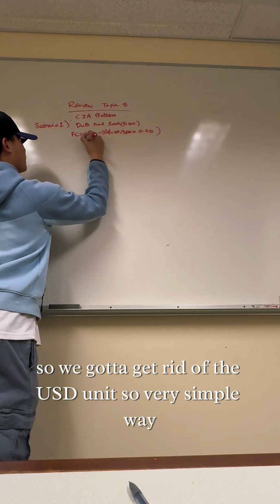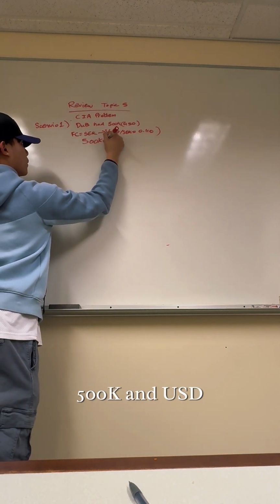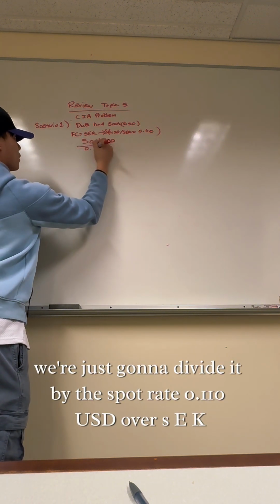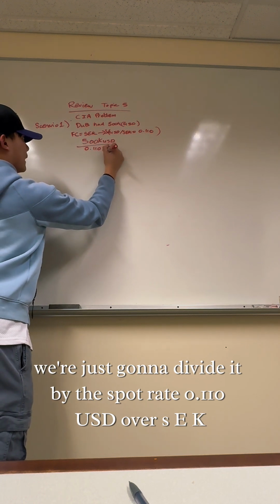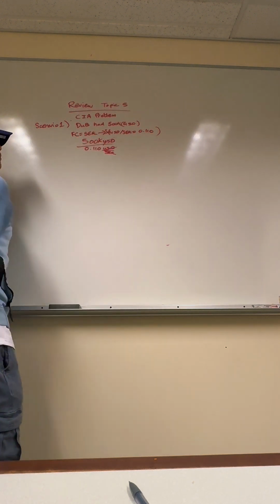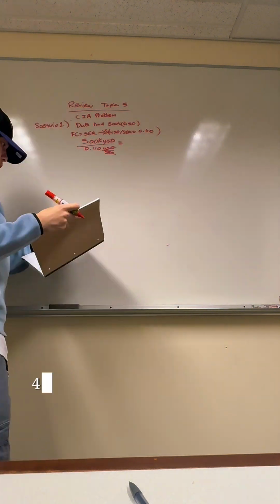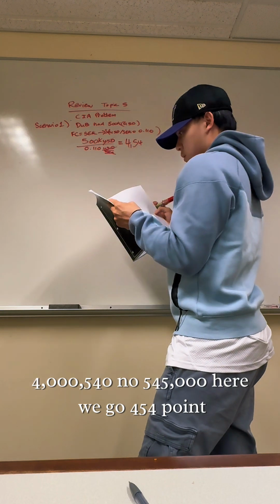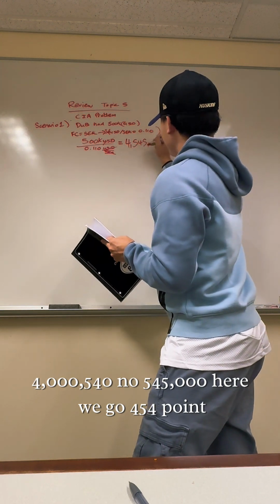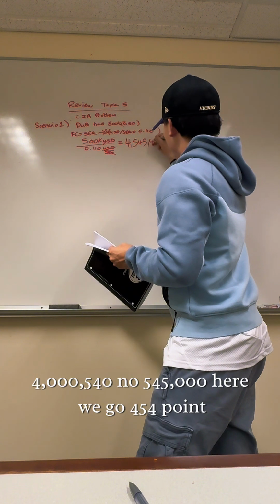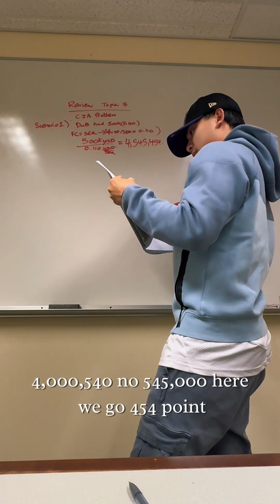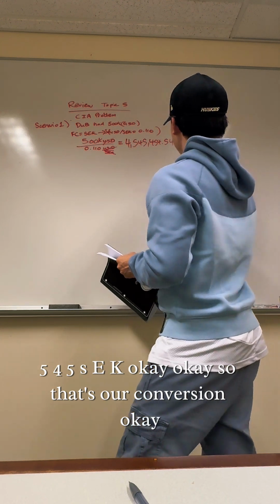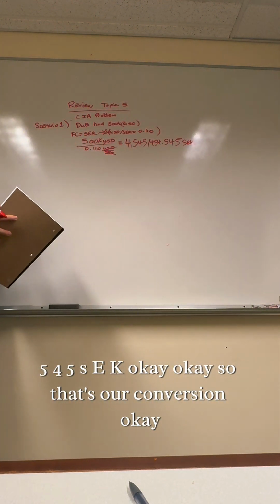Very simple: 500K USD, we divide by the spot rate, 0.110 USD over SEK. The USD cancels out, and we get 4,545,454.545 SEK. That's our conversion.